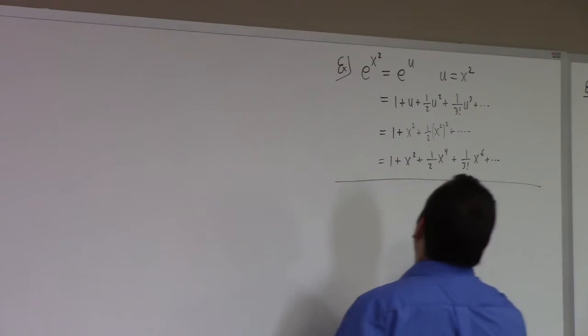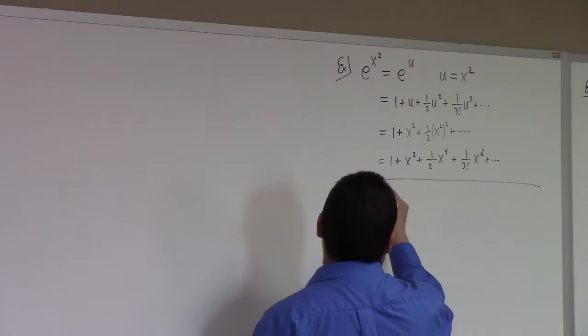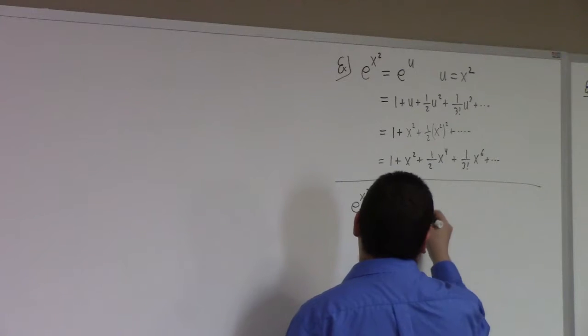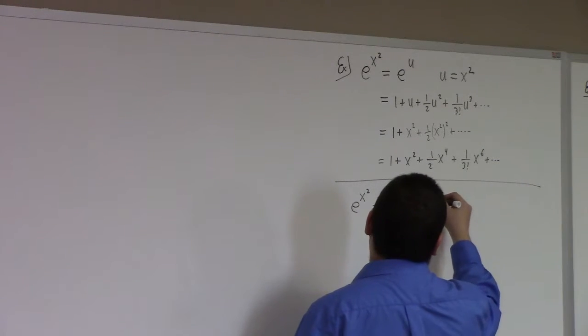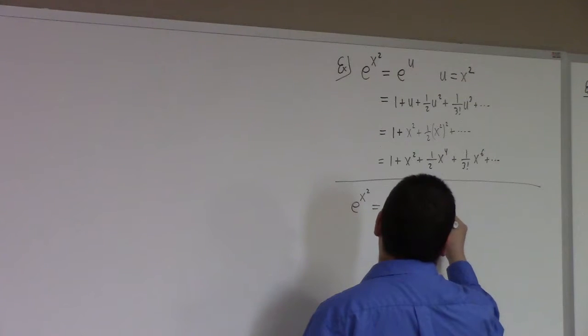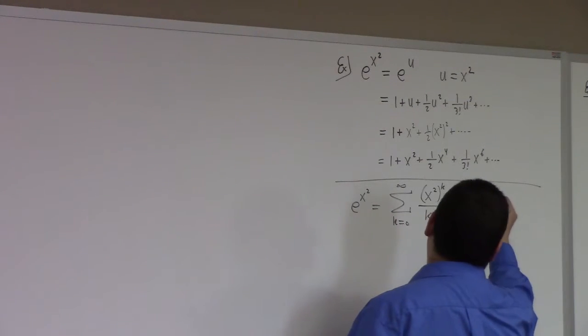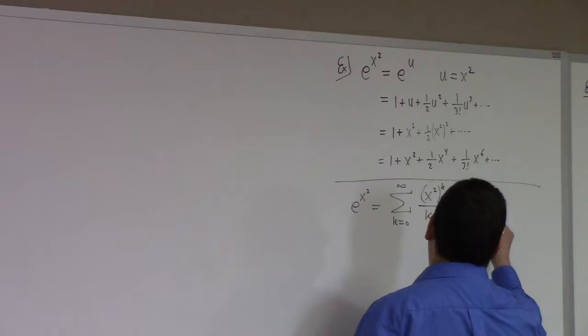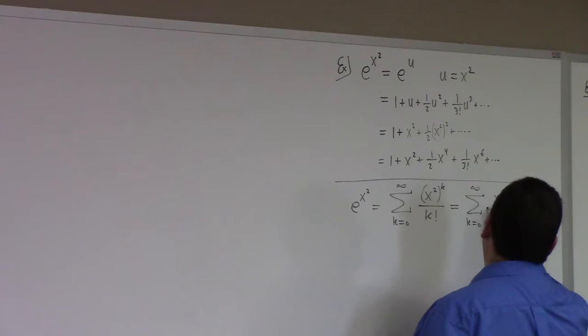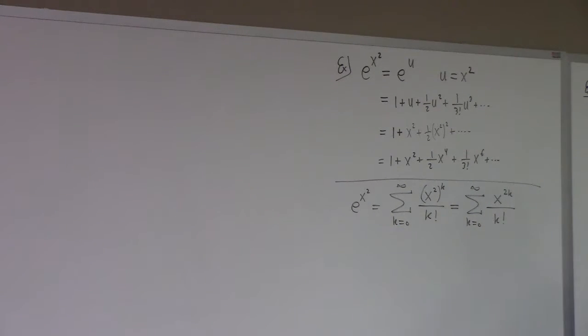In the other notation, this is the sum, k equals 0 to infinity, of x squared, parentheses, to the k power, divided by k factorial. So there's the Maclaurin series for e to the x squared.